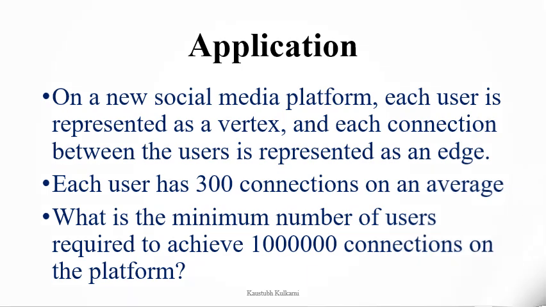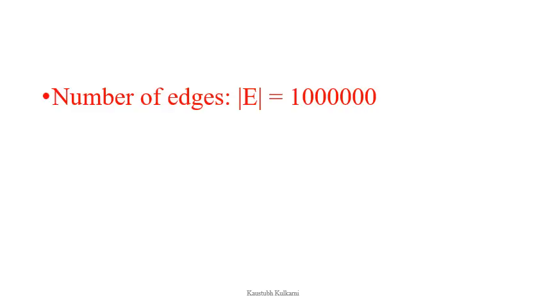So if you apply the handshaking lemma, the edges are your 1 million connections and the vertices are the users. That is X, what we want to find out. And the degree for each of them is 300.